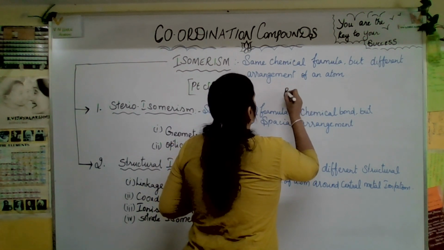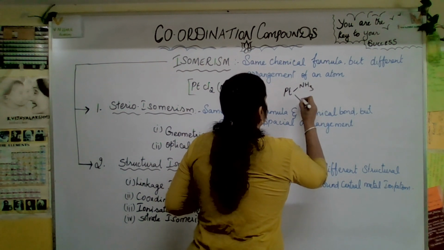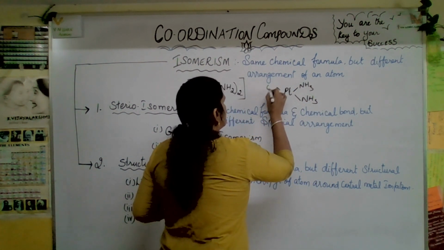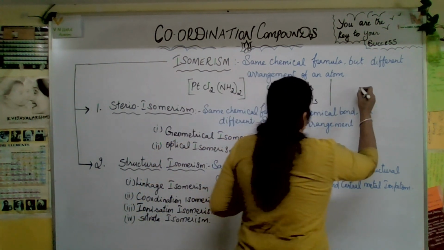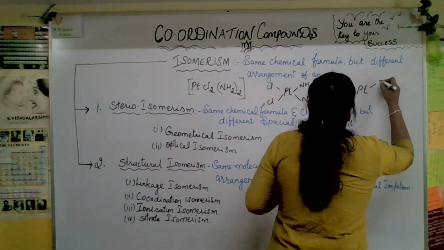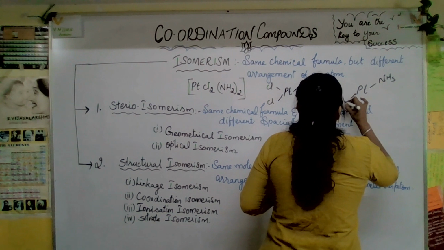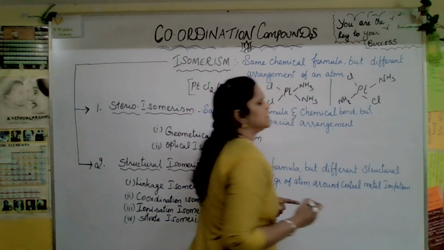Now, for example, platinum, here ammonia, this side ammonia, cis and trans; let us bring chloride and chloride ion here. Here also the same: Pt, here NH3, here NH3, here Cl and here Cl.